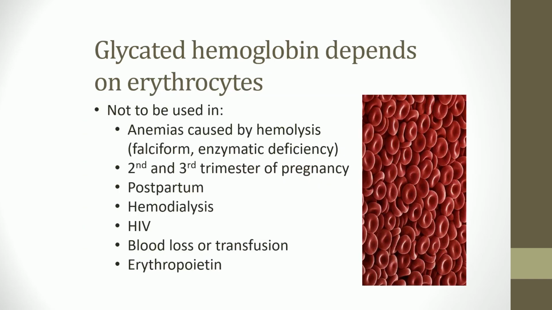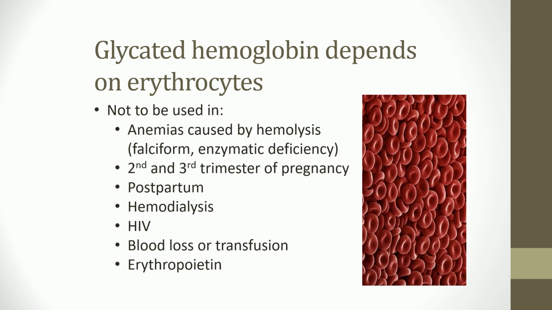Now, the problem with glycated hemoglobin, one of the most used studies, because once again it tells us the average of the last 3 months, is that it depends on our red blood cells. So if we don't have a normal number of red blood cells, we might have a false positive test. So we might think the patient has diabetes, but he or she does not.